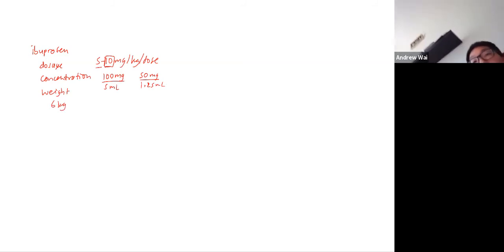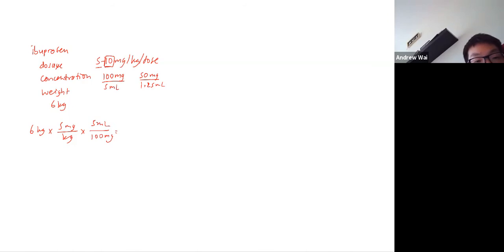So let's go ahead and calculate the ibuprofen dose that a mom needs to give here. 6 kilograms times 5 milligrams per kilogram times 5 mLs per 100 milligrams. And that comes out to be 1.5 mLs.